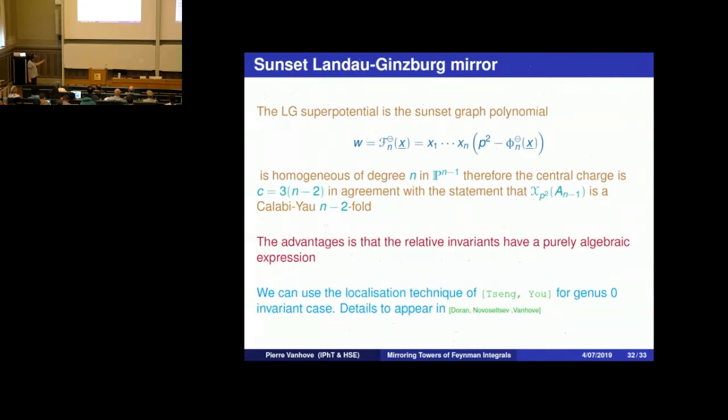But then to compute the relative Gromov-Witten invariant, we have to use some technique developed by Tseng and Yu. Yu is a postdoc of Chuck Doran. The advantage of this computation is that now the relative Gromov-Witten invariants are much easier to compute.